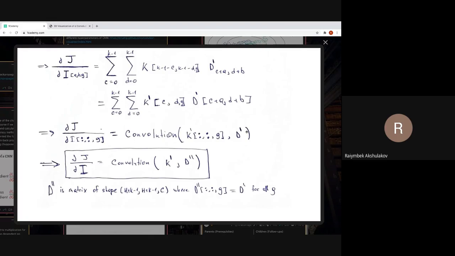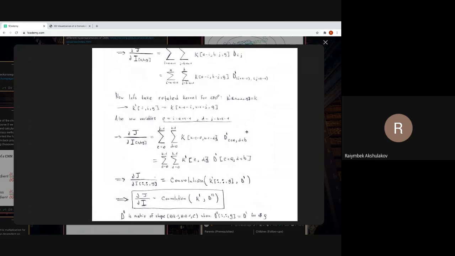So this is how I derived the formula for backpropagation.